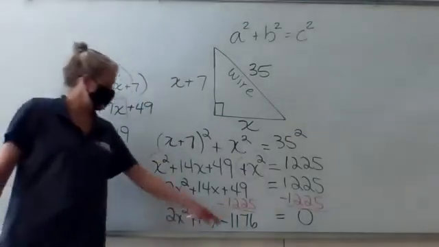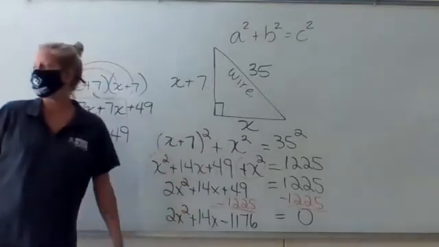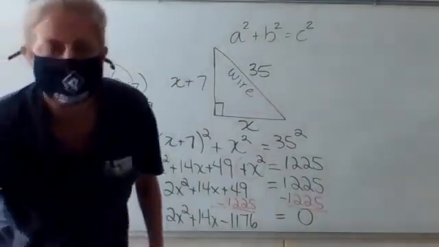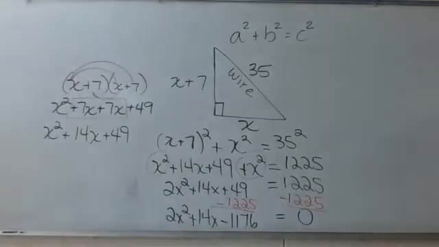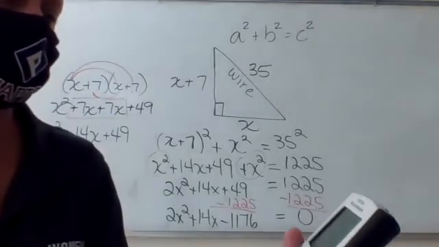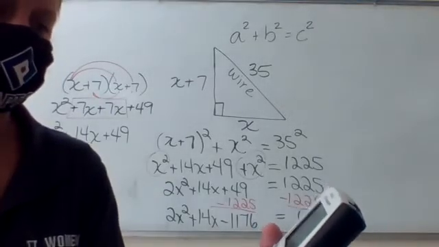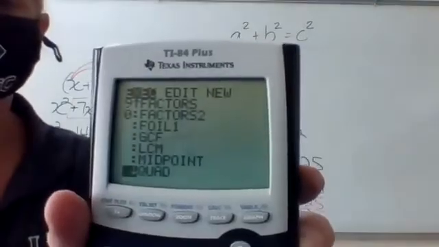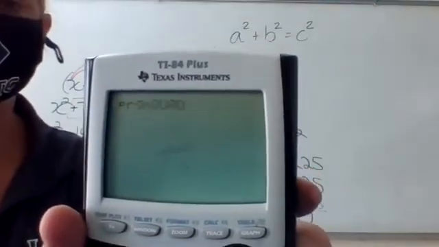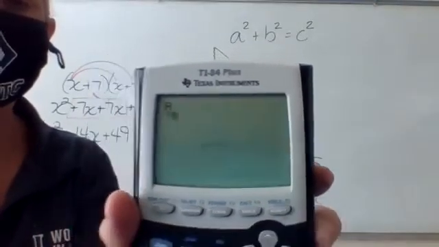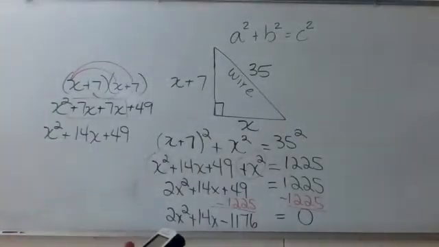So all three terms are on the left, zero on the right, which means now I can go to my quad program and type in A, B, and C. Again, just go to program, down to quad, hit enter. My A, which is the number in front of x squared, is 2.